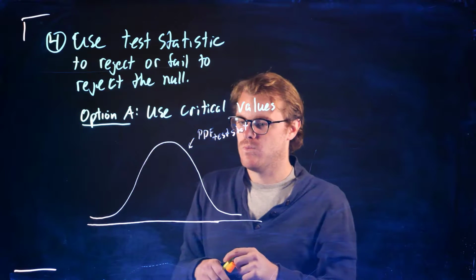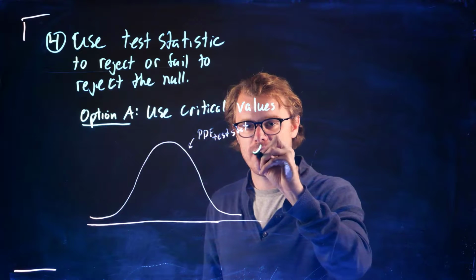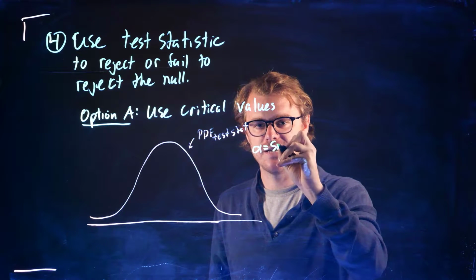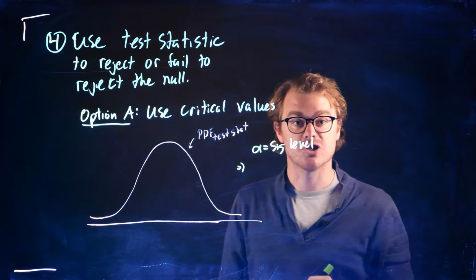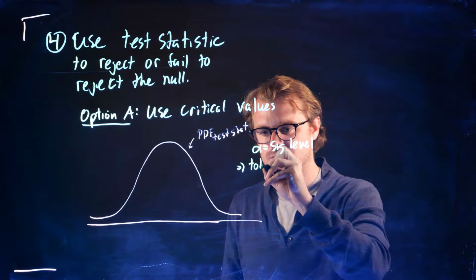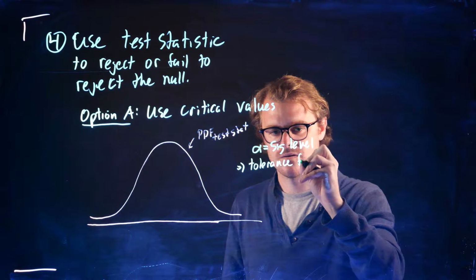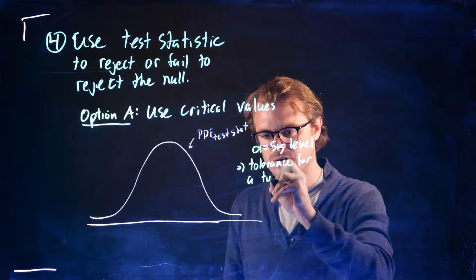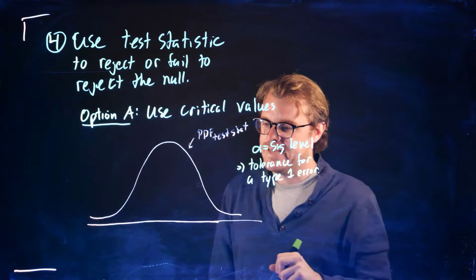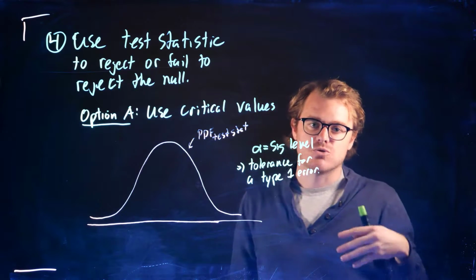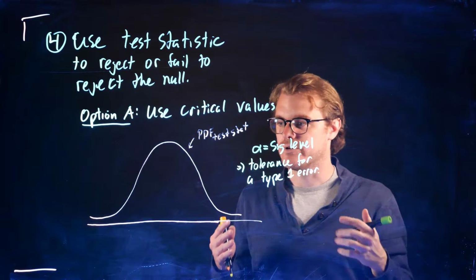Remember, alpha is our significance level, so this is our tolerance for a type 1 error. And a type 1 error is rejecting the null when it is true.